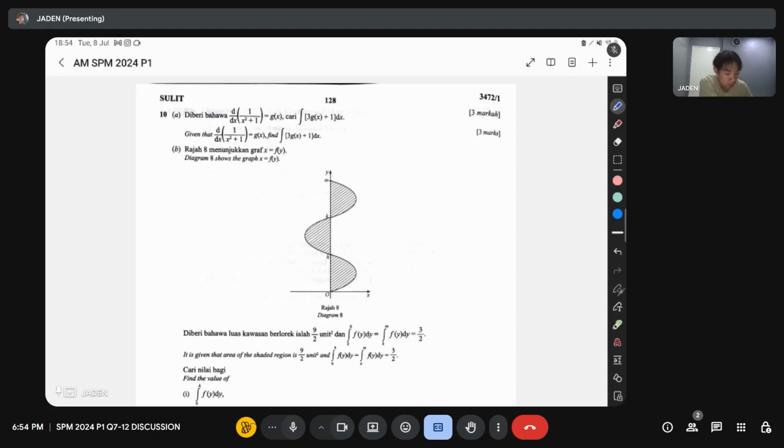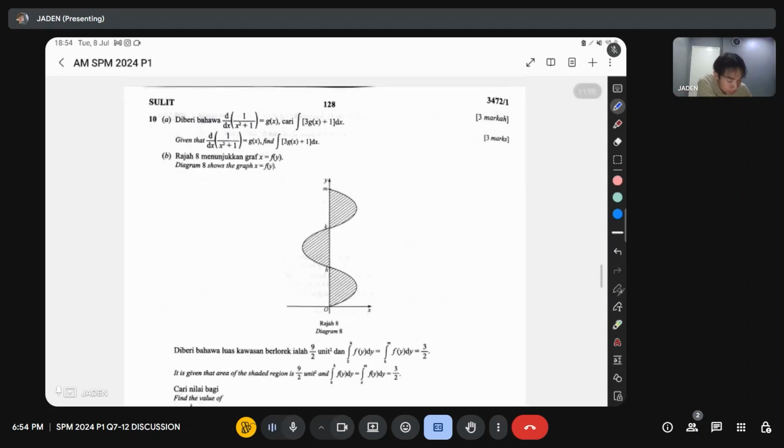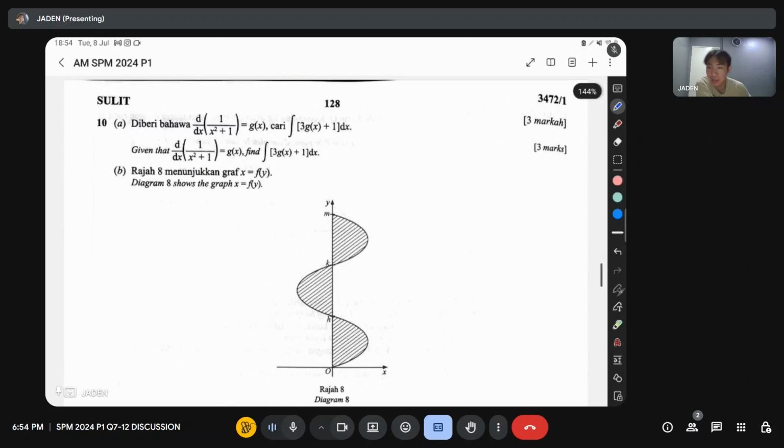All right, let's continue. So we are given that d per dx of (1 over x squared plus 1) equals gx, and then find the integral of 3gx plus 1. Now, I just want you to be very clear. When you see d per dx, whatever is in this bracket is y.